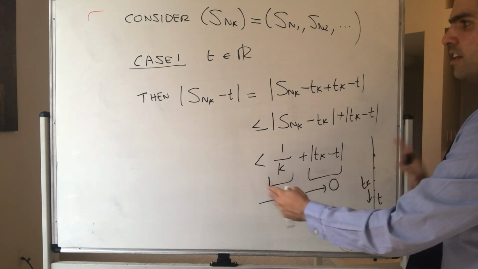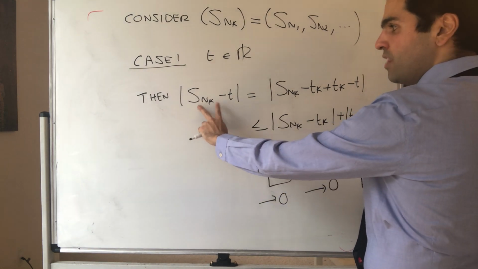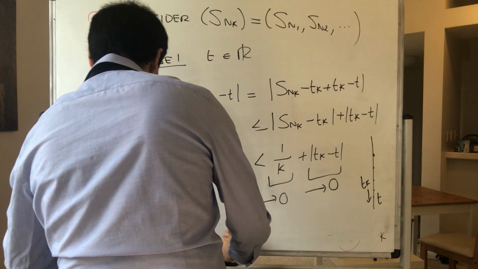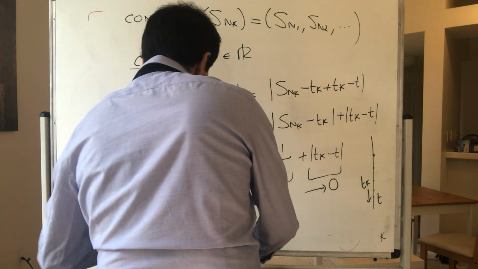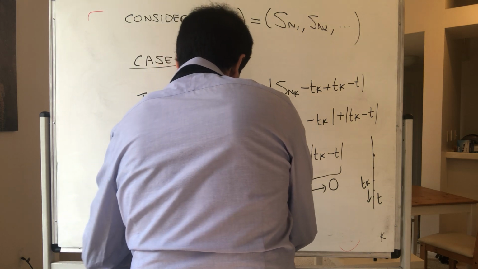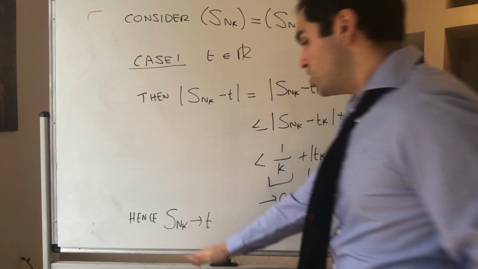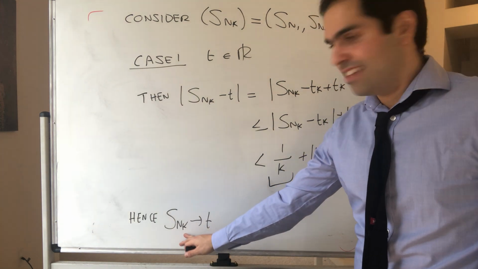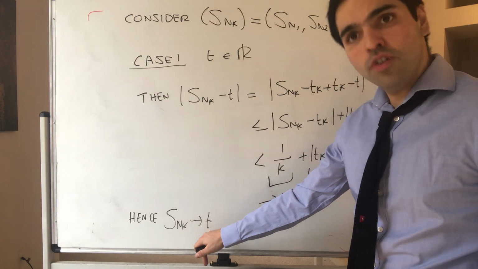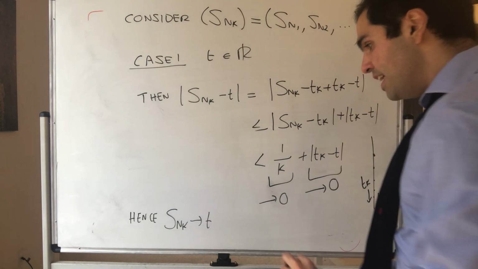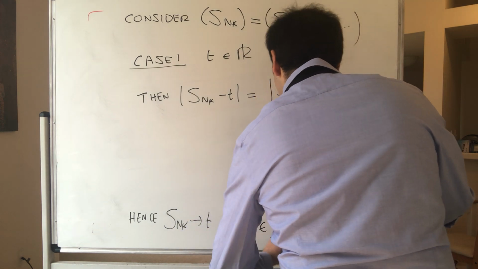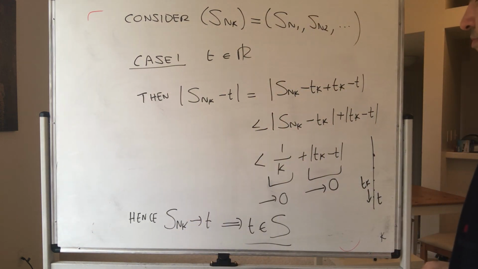So by the squeeze theorem, we get that Snk goes to T. Which is good, which means because there is a subsequence of Sn, namely Snk, that converges to T, T is a subsequential limit. So T is a limit point, which is what we wanted to show.